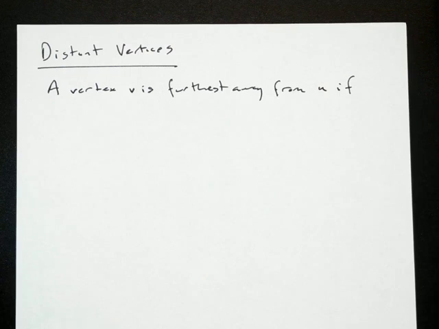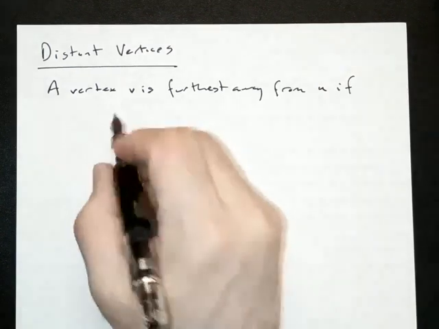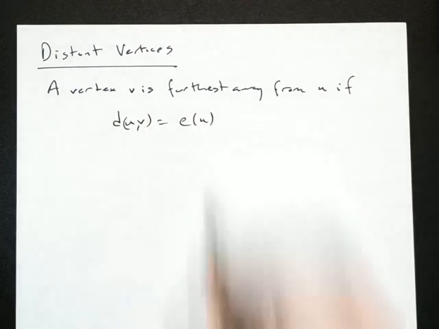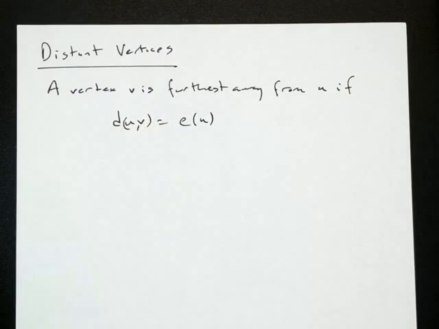Is the eccentricity of? I'm measuring from U, which should be the eccentricity of U. But that number could be anywhere between the radius and the diameter, right?